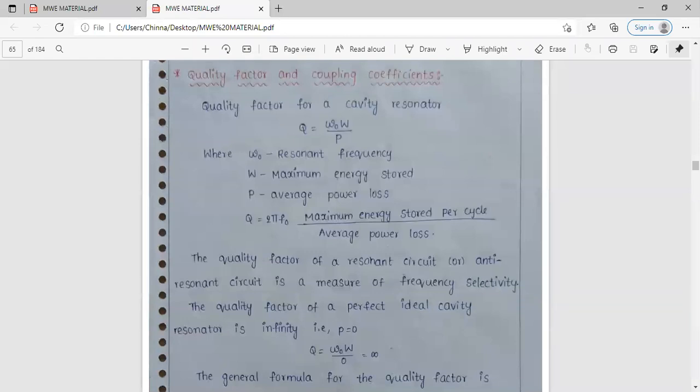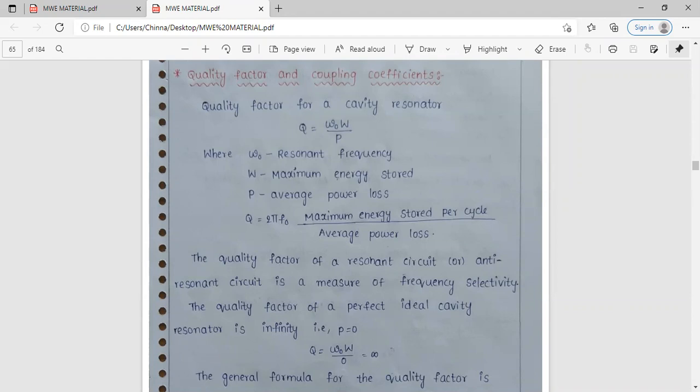Quality factor and coupling coefficients for cavity resonator. Cavity resonator కి quality factor and coupling coefficient అనేది కన్సిడర్ చేస్తాం. So quality factor for the cavity resonator Q is equal to W0 into W by P. So మనకి W0 అనేది resonant frequency, capital W వచ్చేసరికి maximum energy stored, and P is the average power loss.